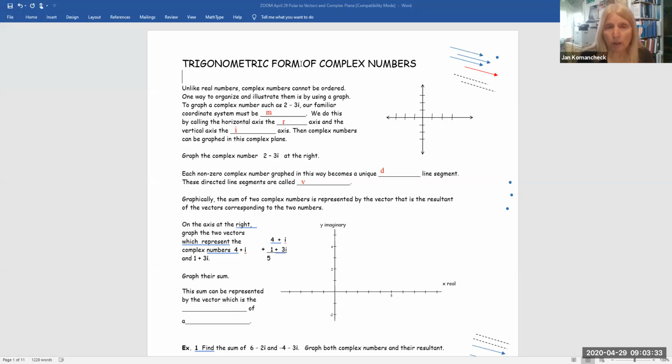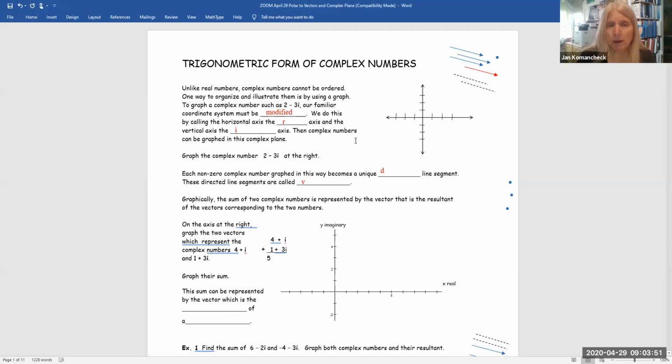But one way to organize them and to illustrate them is by using a graph. To graph a complex number, like I want to graph 2 minus 3i, our familiar coordinate system, the xy plane, must be modified.